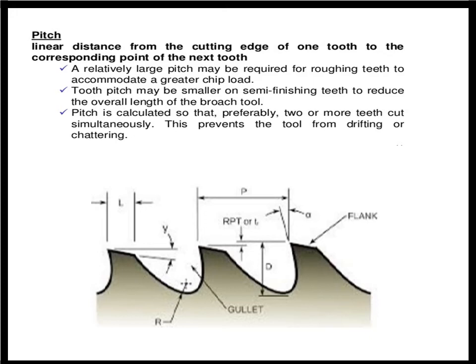Tooth pitch may be smaller on semi-finishing teeth to reduce the overall length of the broach tool, and the pitch is always calculated so that preferably two or more teeth cut simultaneously. This prevents the tool from drifting or chattering.